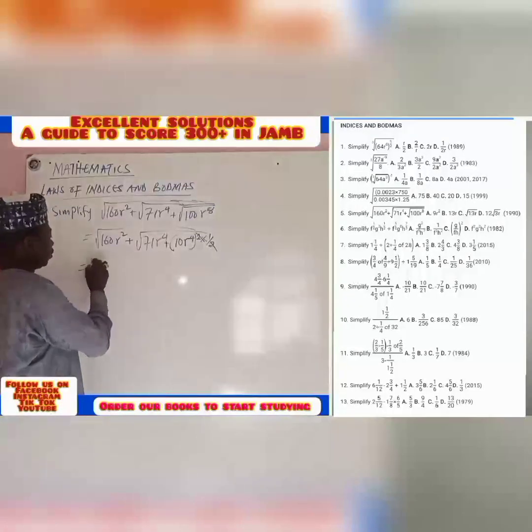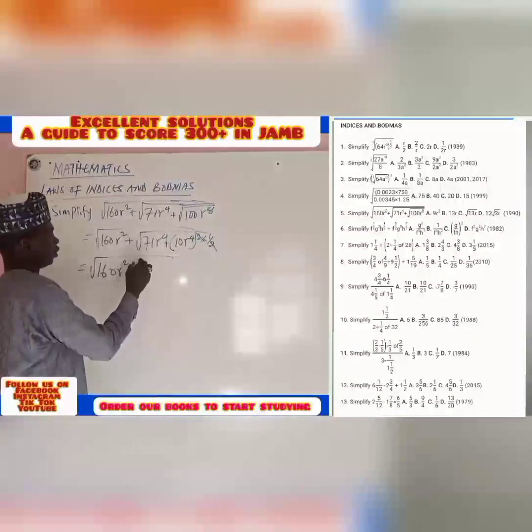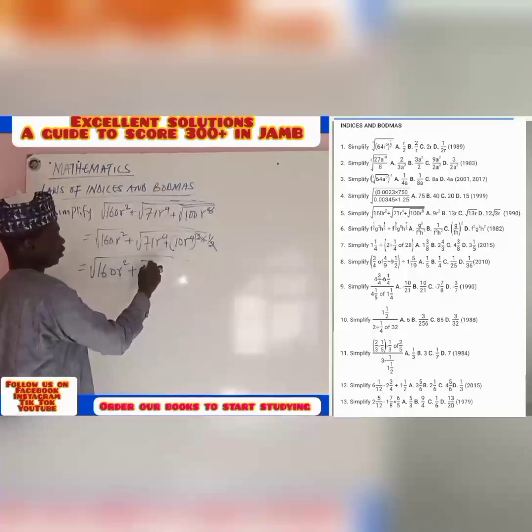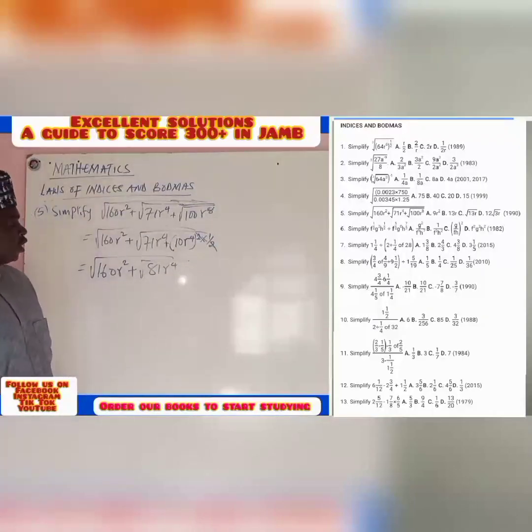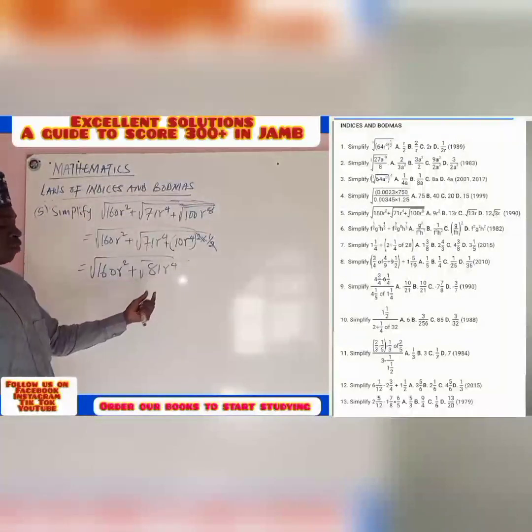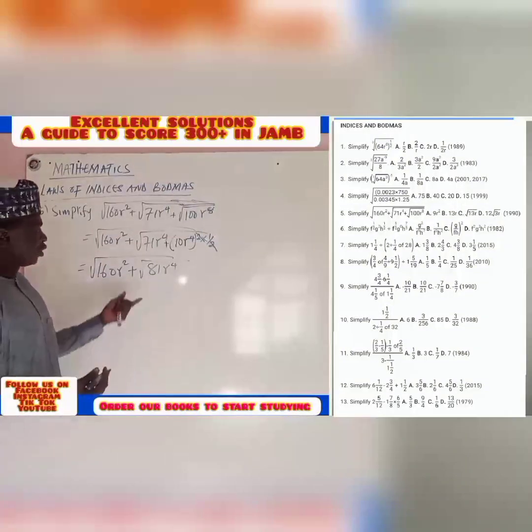So this is now square root of 160r square plus square root of 81r to the power of 4. And this 81r to the power of 4, we can still reduce it.